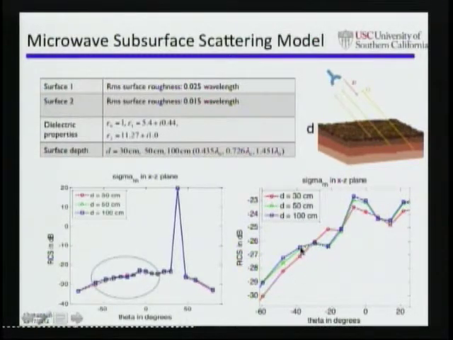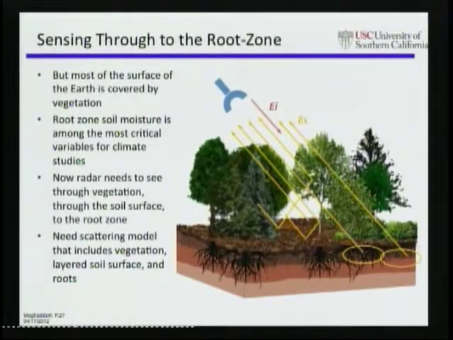So you see that there is a slight variation, maybe about a dB or so. That's the level of sensitivity to these parameters. Of course, you could change your parameters and get different levels of sensitivity. But the bottom line is that it matters. It really matters how you model your subsurface, and you have to have a model for the subsurface, or you could be committing errors if you don't.